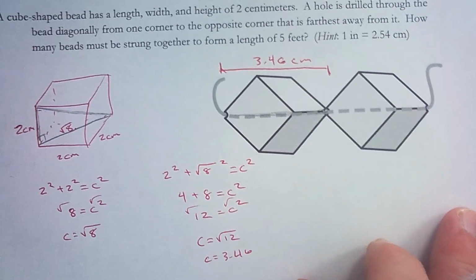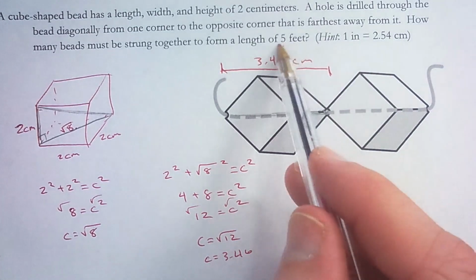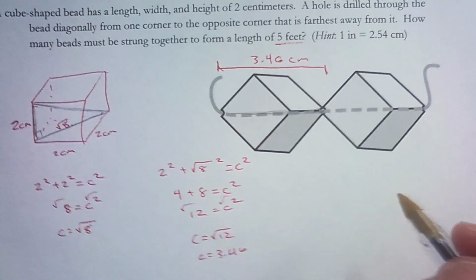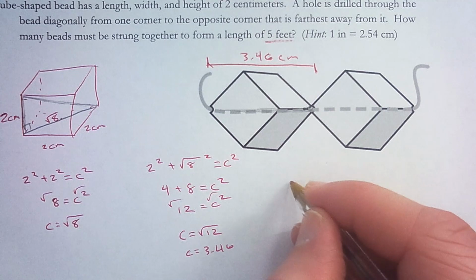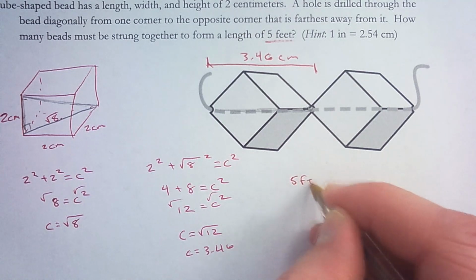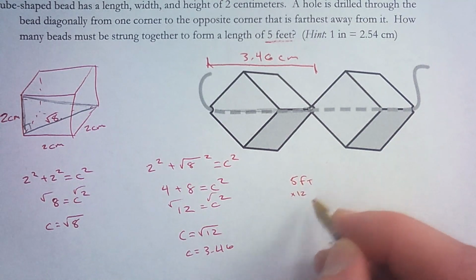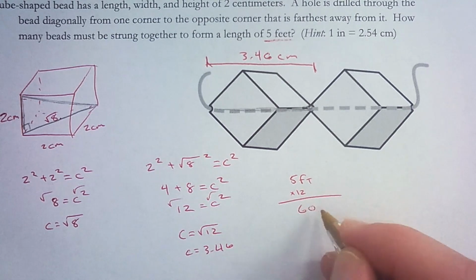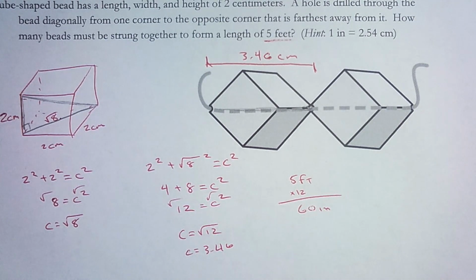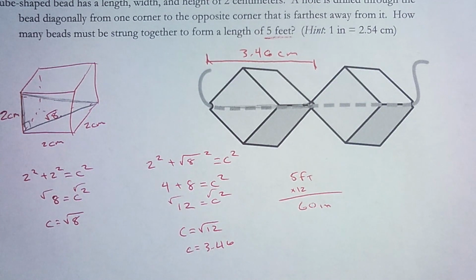Now, how many of those would I need to get a length of 5 feet? Okay, so I want 5 feet total, and 5 feet times 12 inches per foot is 60 inches. So I want this to cover a length of 60 inches.